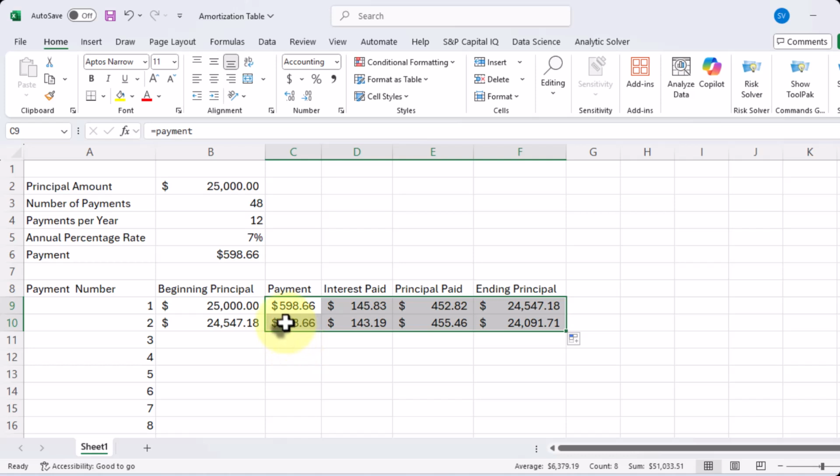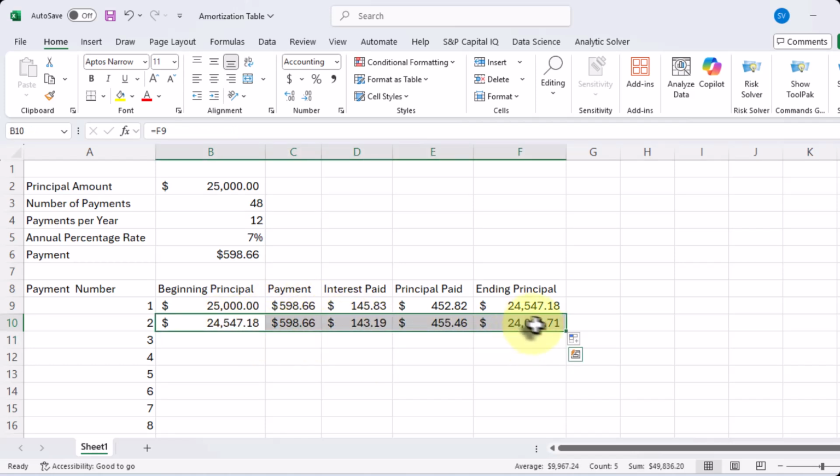Looks like that. I'm just going to double check here. This is equal to the payment right up here. So that's, again, referring back to the payment I calculated before. You might notice the interest paid is a little bit less. So we expect that because we have a lower amount of principal. And our principal paid goes up because less of our payment is going towards the interest.